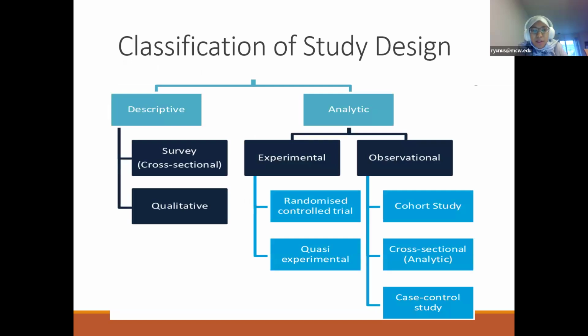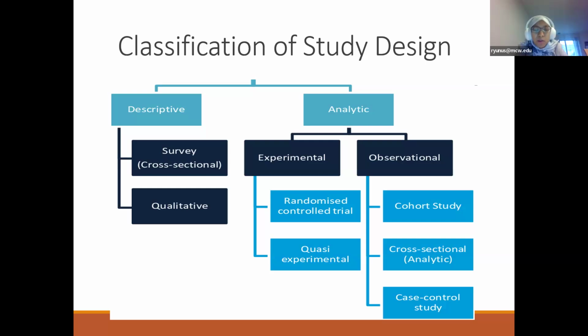This slide is just a quick recap of what we have done in the last lecture. I've shown you this slide before. This is basically just the classification of study design. You have descriptive, analytic, and as I have explained earlier, under descriptive, usually you have cross-sectional.